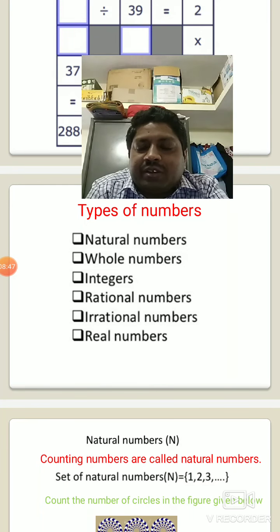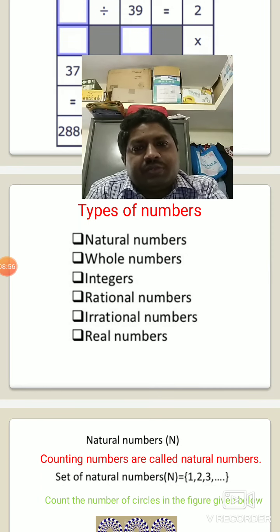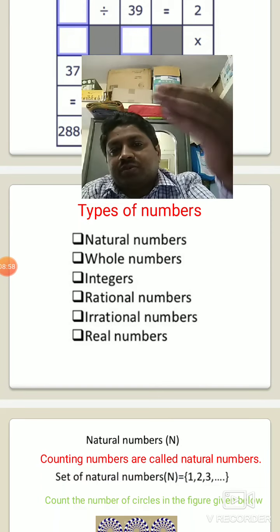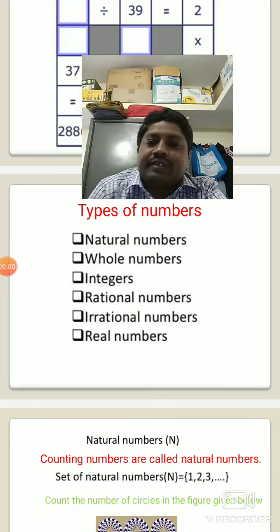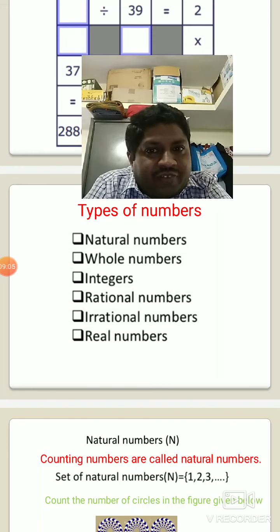Integers: minus degree centigrade and all, you can see that as integers. For example, the depth of the ocean: above sea level is positive, below sea level is negative, like that. Rational numbers mean fractions. You already know about fractions.